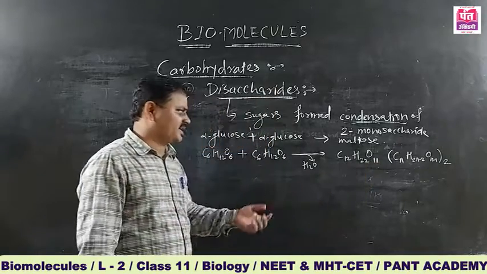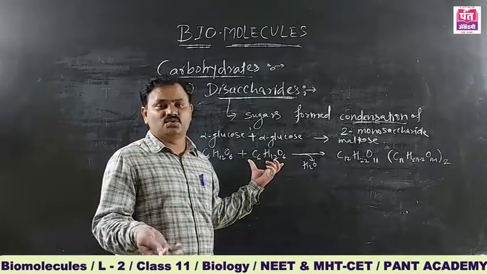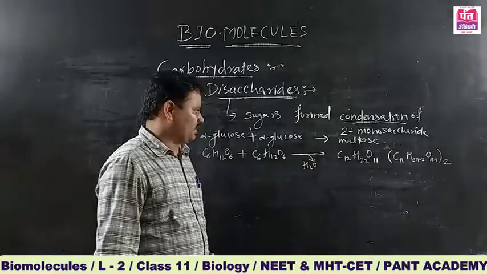disaccharide. Hexose disaccharides are the disaccharides which are formed of the hexose sugar, and therefore this becomes a different kind of formula.